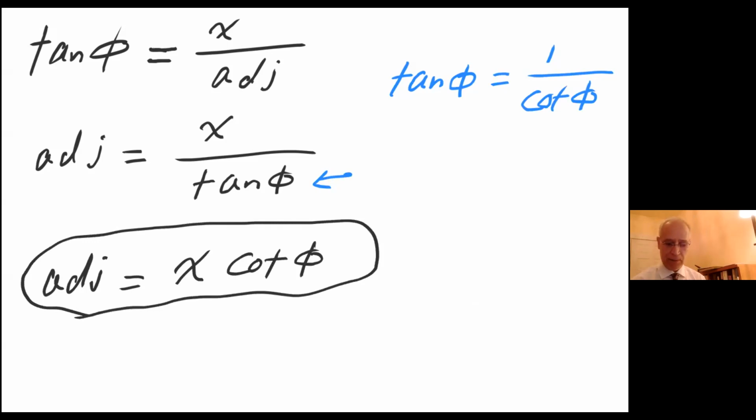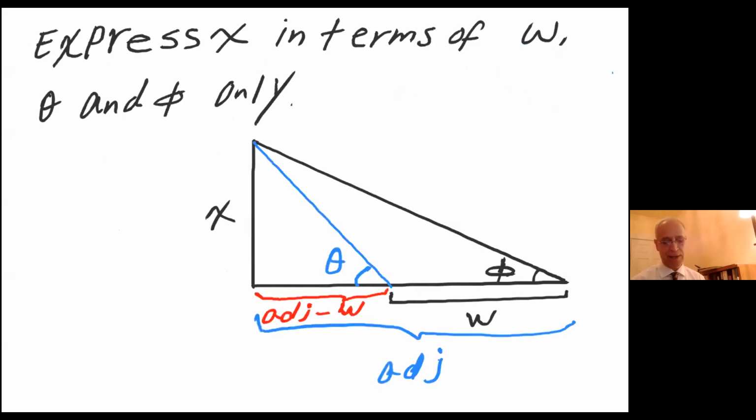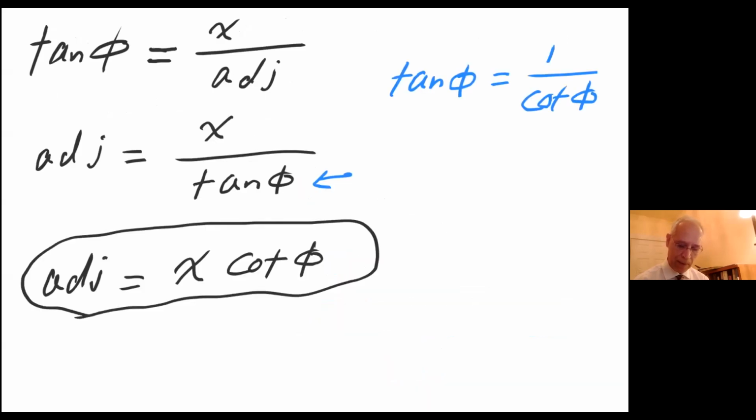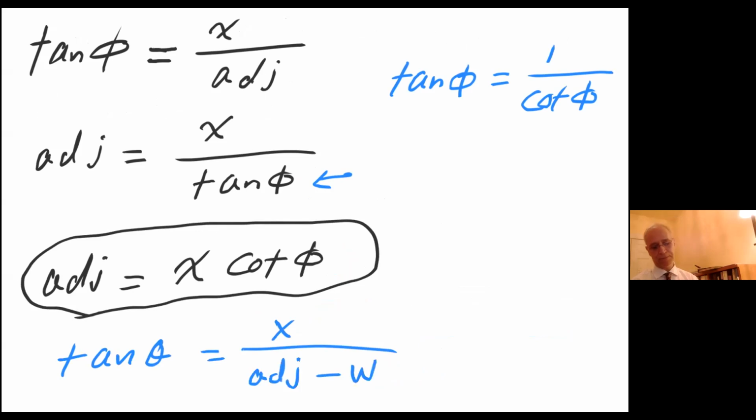What else can I claim from our drawing? I can claim that tangent of theta equals x over adjacent minus w.